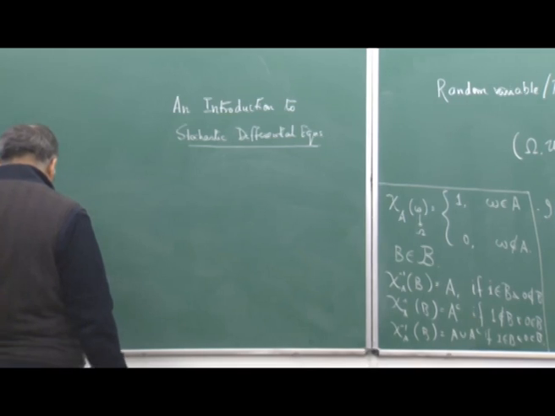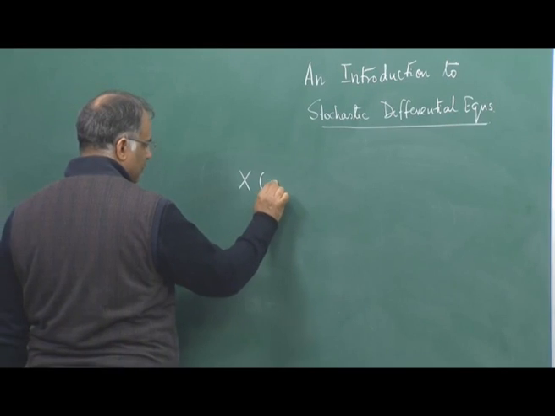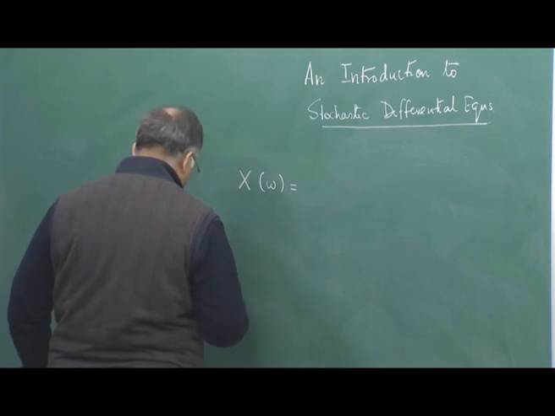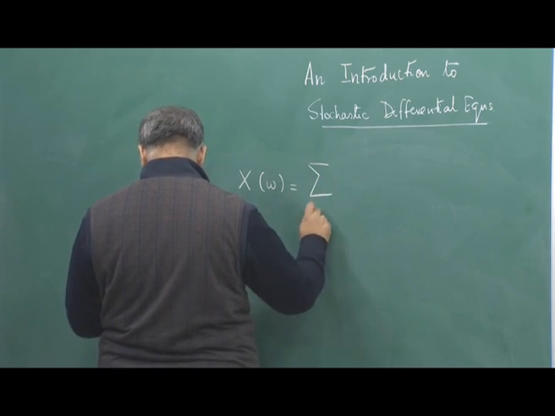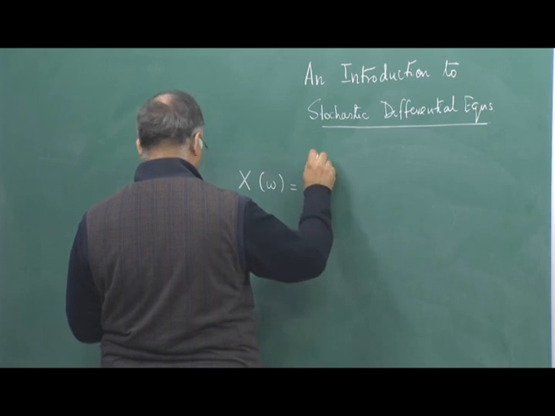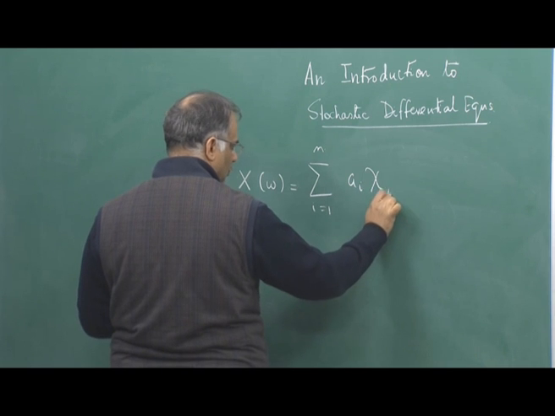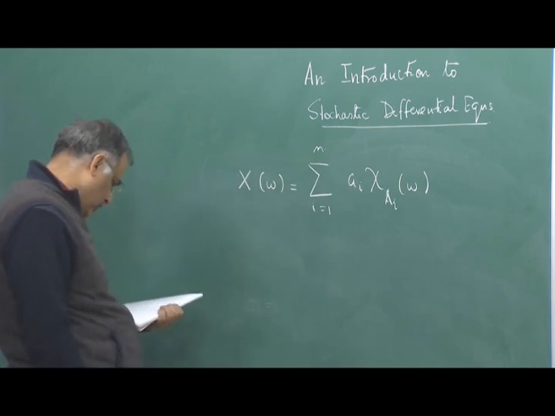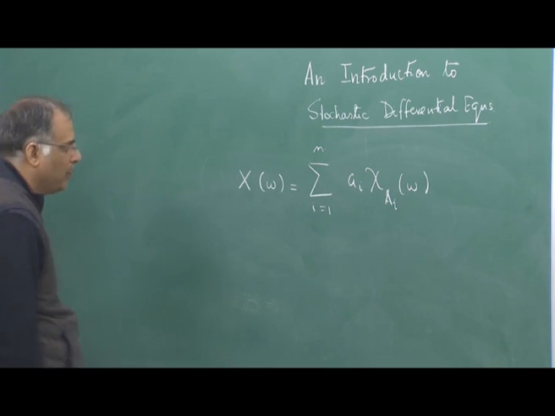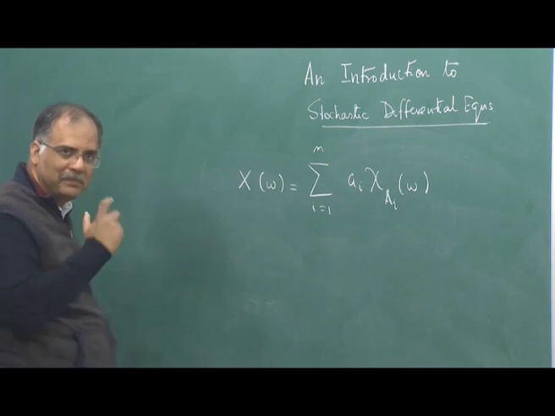See, what happens here is that, for example, I construct a random variable like this. Now, this sort of thing is called a simple function. This also is a random variable.